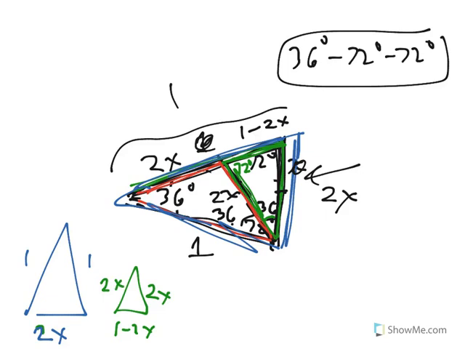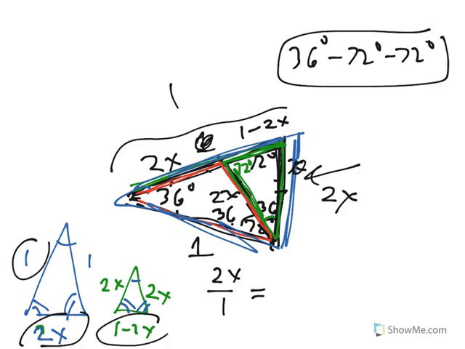Now, because both of these are 36, 72, 72 triangles, they're similar triangles to each other, so I can set up a proportion. I'll just say 2x over 1 is equal to 1 minus 2x over 2x.